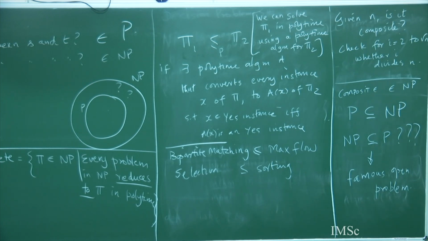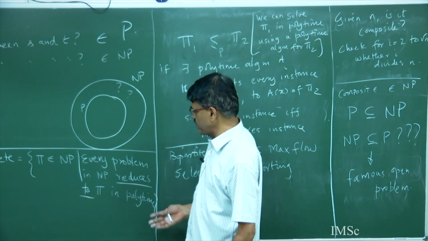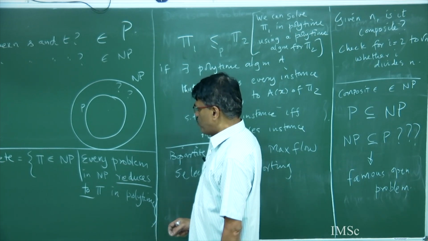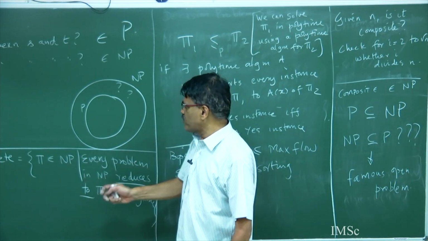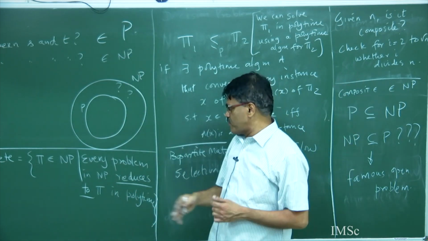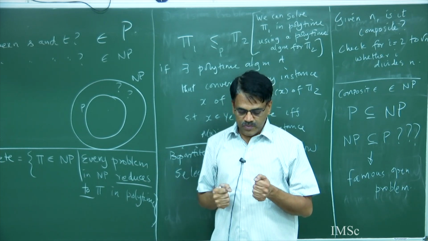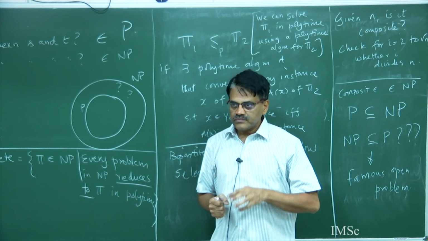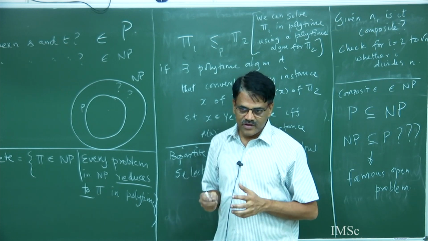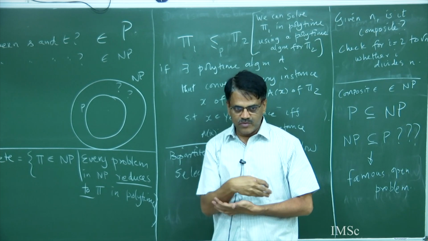Okay, so now let's come back to the definition of NP completeness and notice that it says something very strong. What this says is that these are problems in NP for which every problem in NP reduces to it. In some sense, this captures the hardness of every problem in NP.